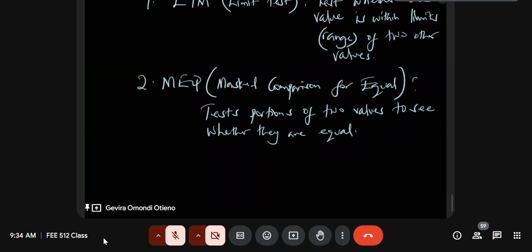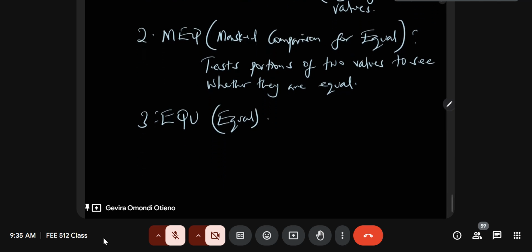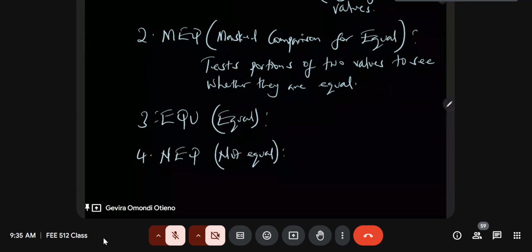So the others that, of course, you now know, the equal one, we usually use this abbreviation for equal. Okay? So this is to test whether two values are equal. Remember, these are data comparison instructions. So you're simply comparing. So the not equal one, we abbreviate it NEQ. Okay? So this is not equal. Again, to compare whether one value is not equal to a second value.